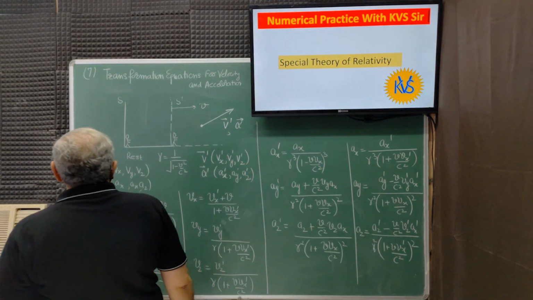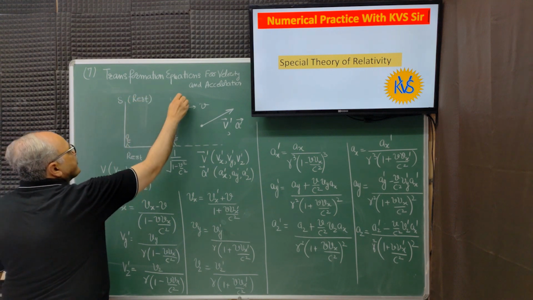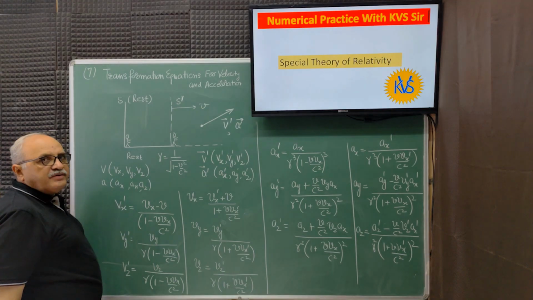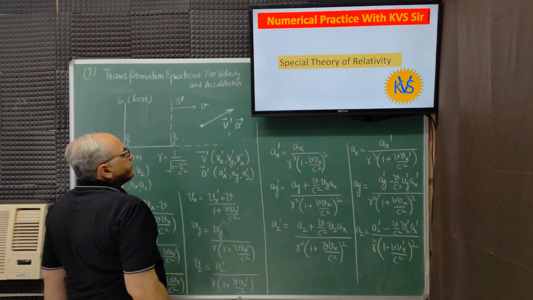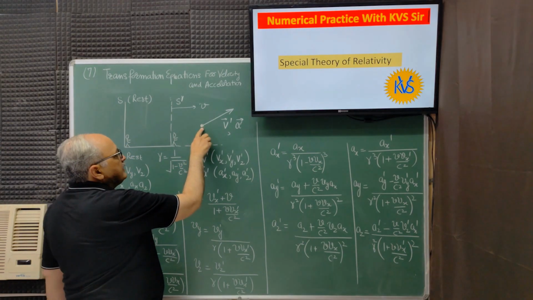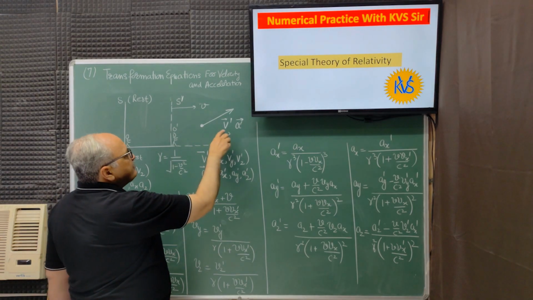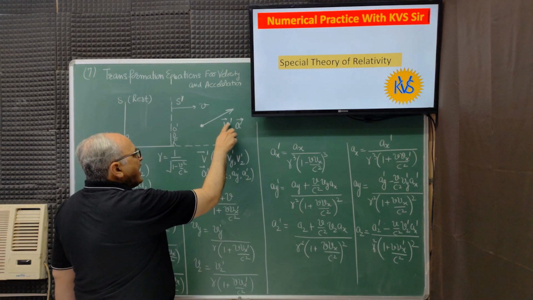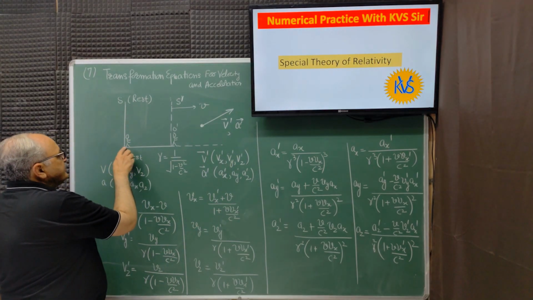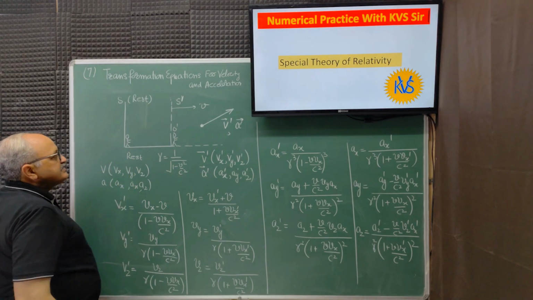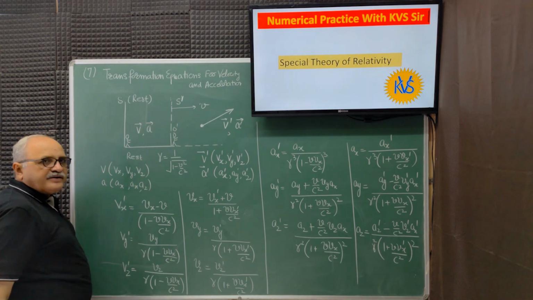Once again we are taking the S frame in the rest position and S dash frame is moving with the velocity v. Now in this frame, let's say there is a particle which appears to this observer O dash, moving with velocity v dash vector, having an acceleration of a dash vector. Now to this person who is in the frame S, the velocity is v vector and acceleration is a vector.